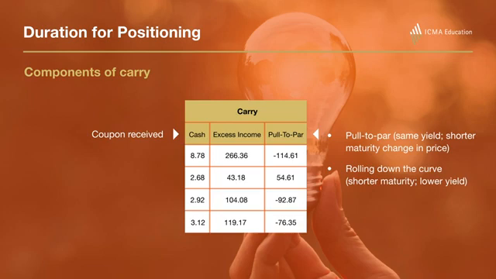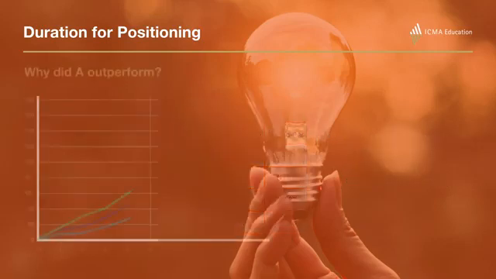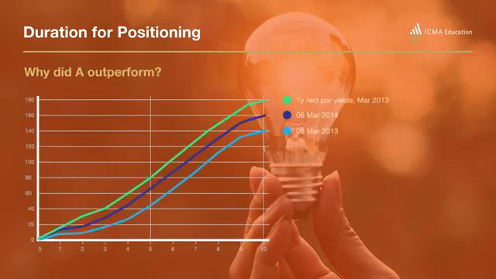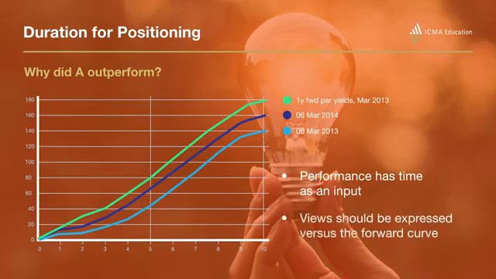As well as thinking about carry as being a cause of investor A outperforming, we can also think about it a different way. Performance has time as an input, has carry as an input, but another way of expressing that is that when expressing a view on the curve, we should express that view versus the forward curve.